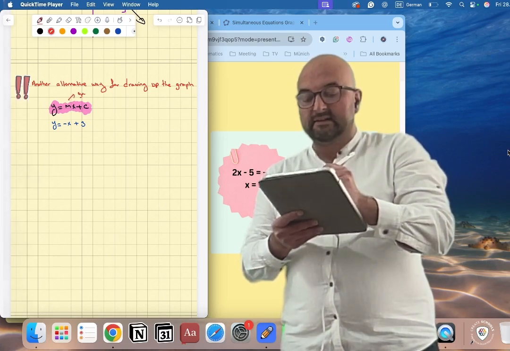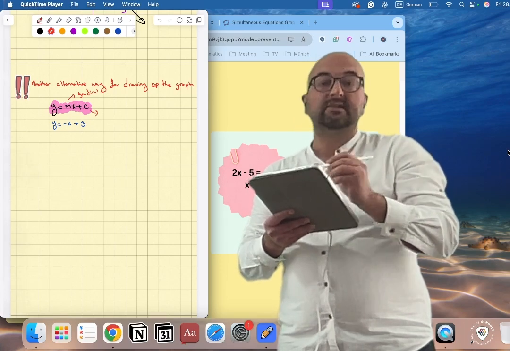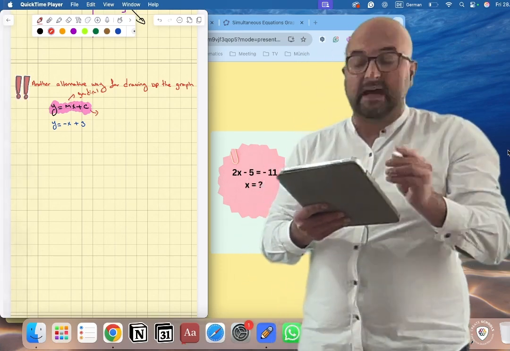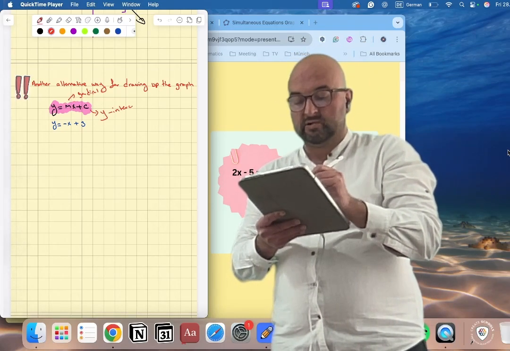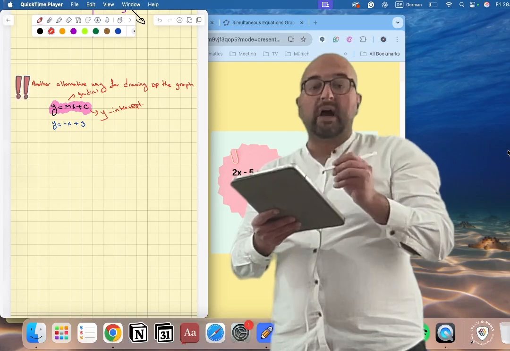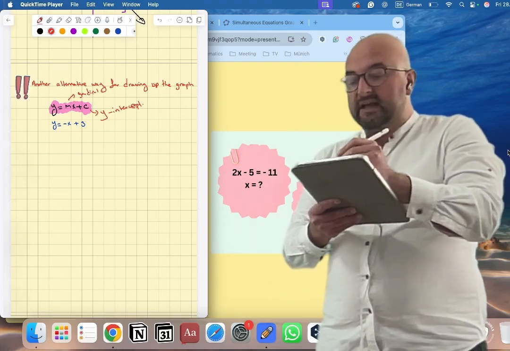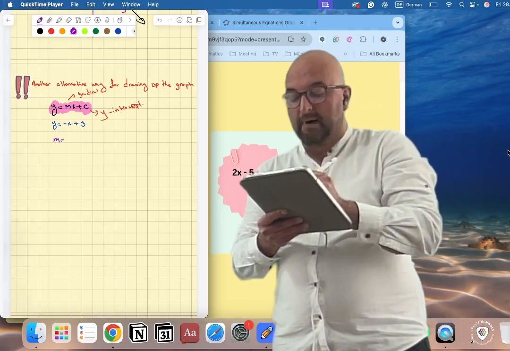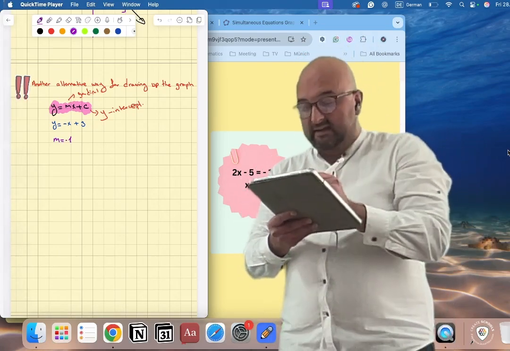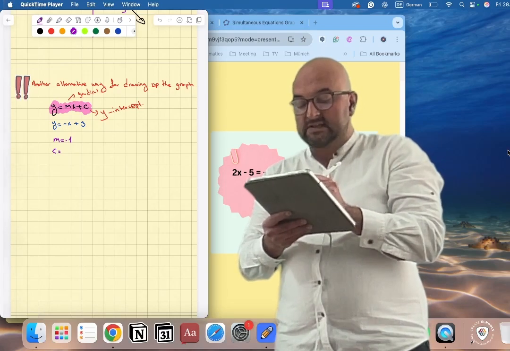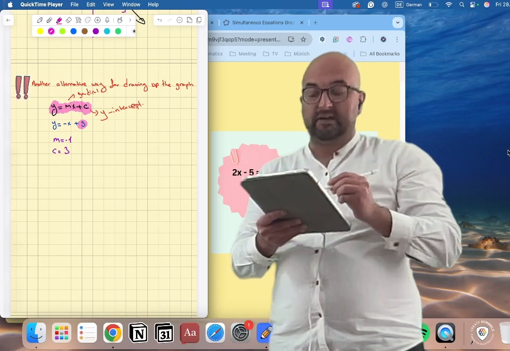So the gradient is m, and c is a constant number which is the y-intercept. And if you write your equation y equals negative x plus 3, the gradient would be minus 1 because the coefficient of x is minus 1, and the y-intercept is positive 3 because the constant number is positive 3.